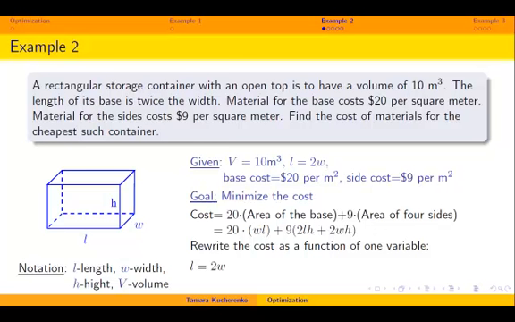Now let's use the information about the volume to eliminate H. The volume V is length times width times height and must equal 10.